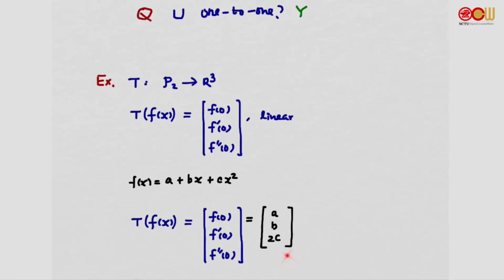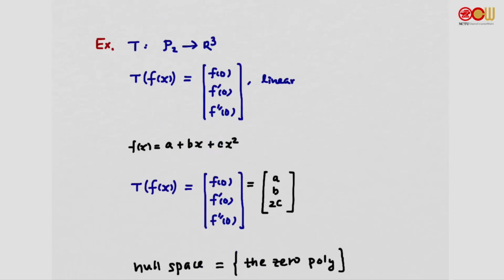Well, we can consider its null space, right? What would be the null space of T? If this vector is a zero vector, that means in particular this f of x is the zero polynomial. So the null space has only one vector, the zero polynomial.